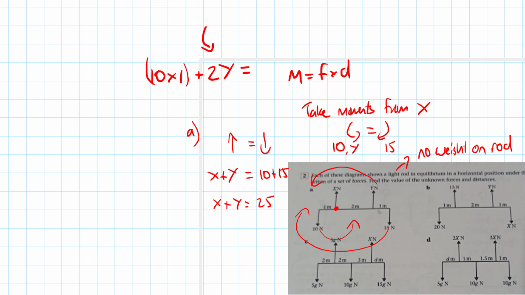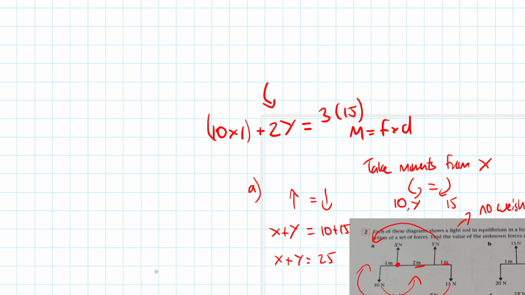And this is equal to the clockwise one, which is 15, and this is 2 plus 1 meter away, so it's 3 meters away, times 15. From here we just do the algebra: 10 plus 2y equals 3 times 15, which is 45. So 2y is equal to 35, therefore y is equal to 17.5 newtons.